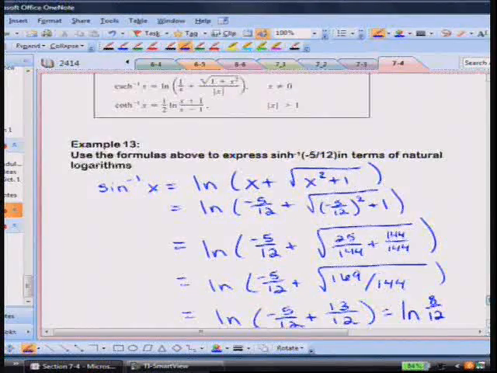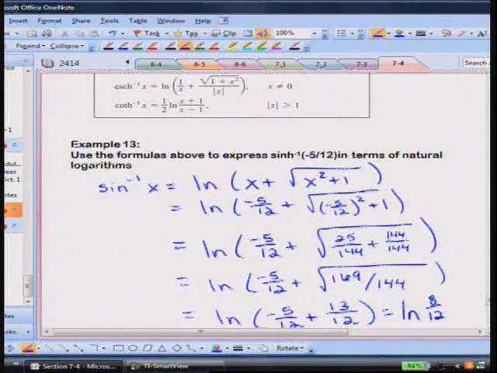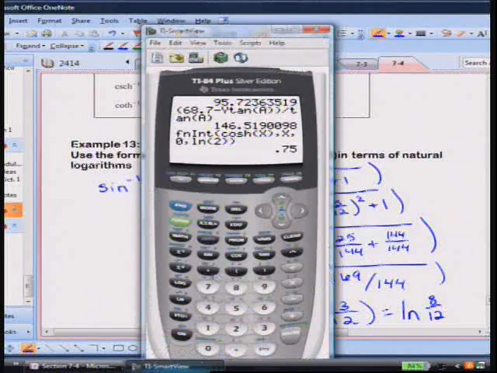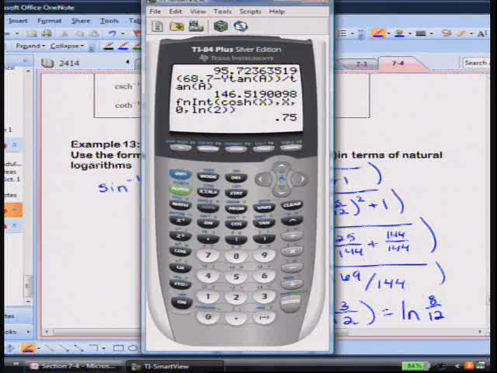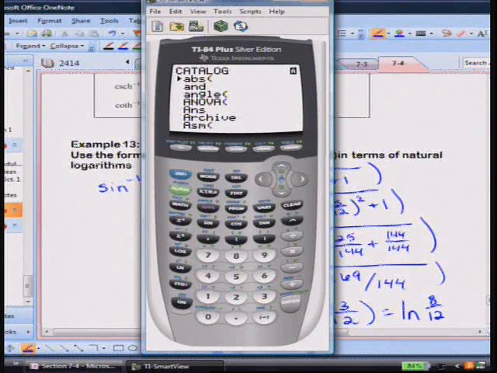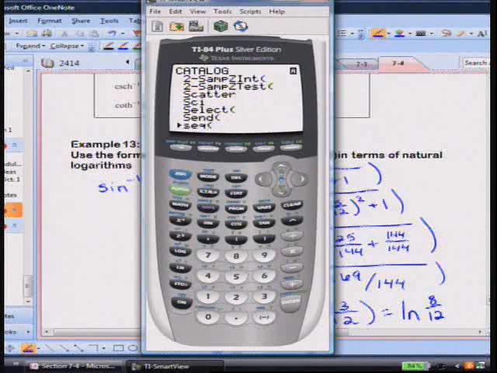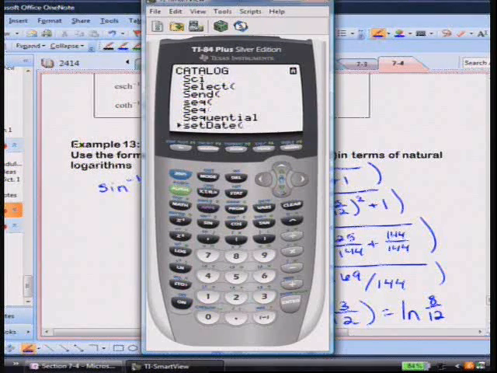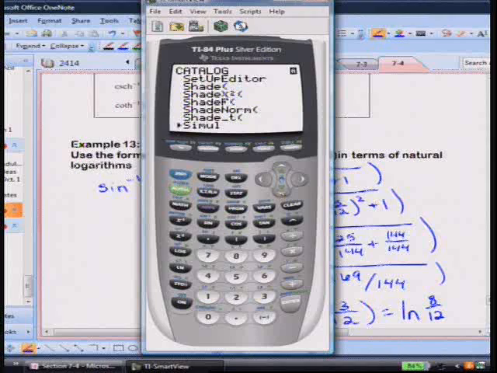So you can write the inverse hyperbolic sine of negative 5/12. Let's see if we can find that on our calculator. Does our calculator have inverse hyperbolics? Let's see. Second, catalog. Now I want to get to the inverse hyperbolic sine, so I'm going to hit S. And when I come down here, there's a lot going on in my calculator.